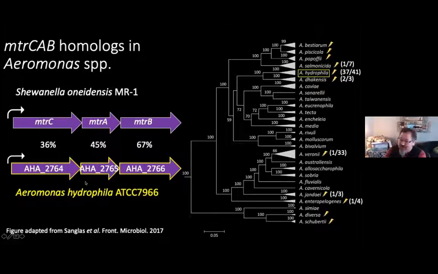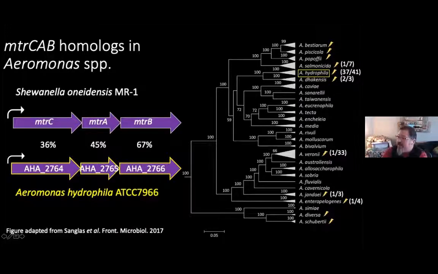Looking across the different Aeromonas strains that have been sequenced, the little lightning bolts represent where we see this pathway. Most of the hydrophila isolates, of which at the time that we did this, a few years ago, there were 41 complete genomes, almost all had this pathway.